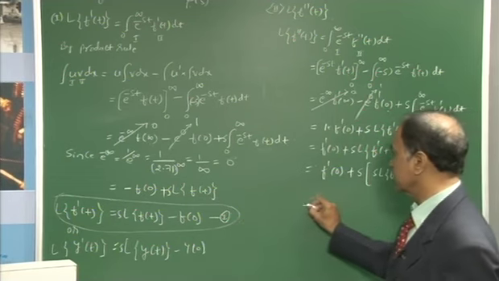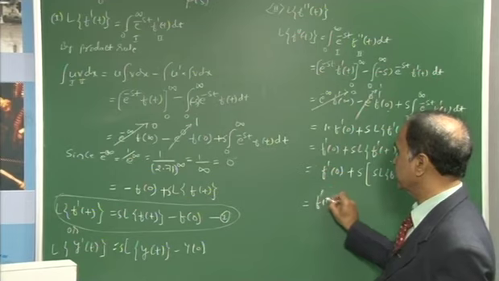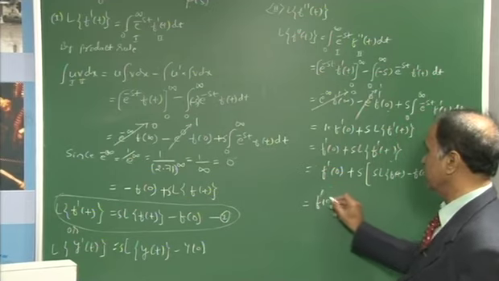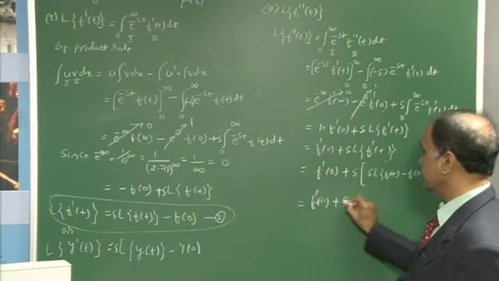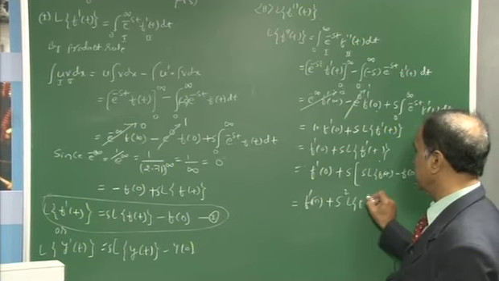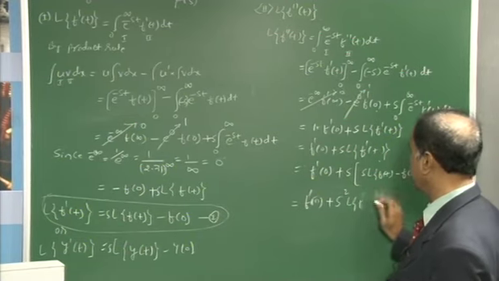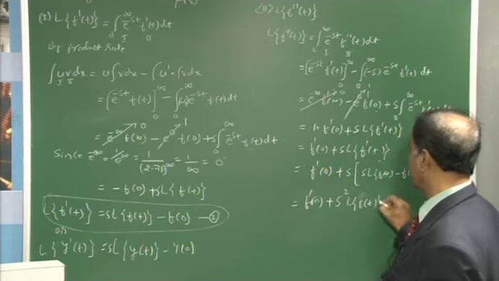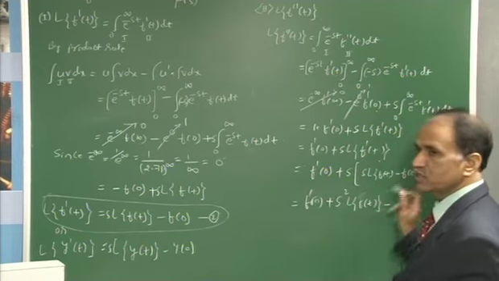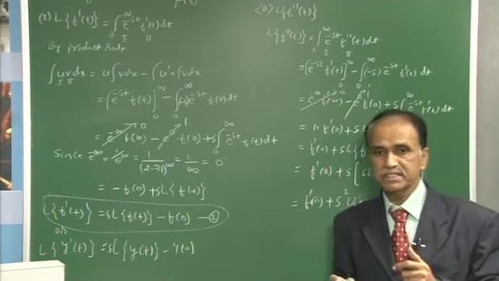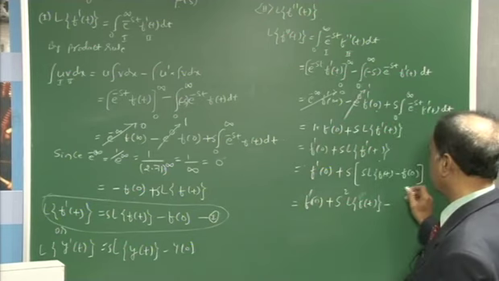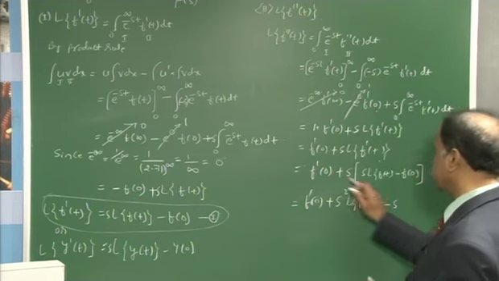What is that? That is equal to f dash of 0 plus s into s, giving s square L of f of t, minus this s is to be taken, that is minus s into f of 0, that means s is to be multiplied.